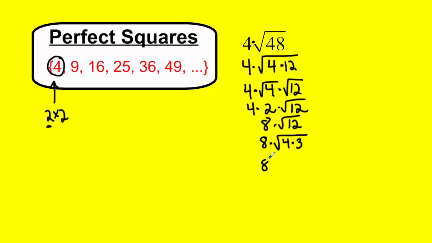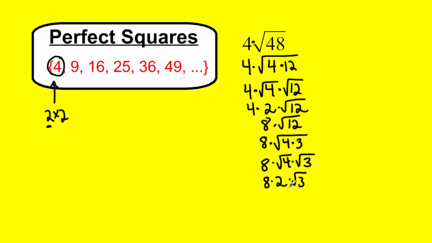And now, since I have a product here, I can split it up as 4 and then 3 here, so they're in their own square roots.